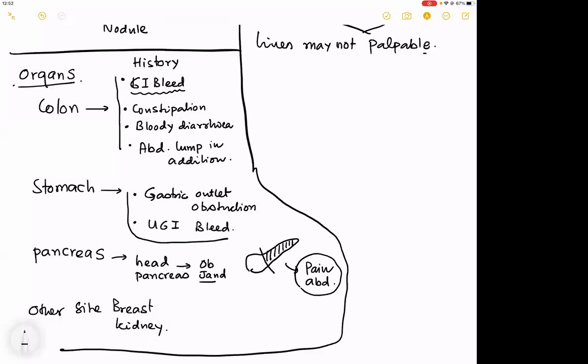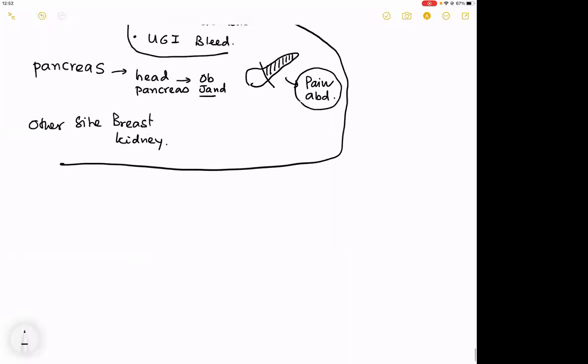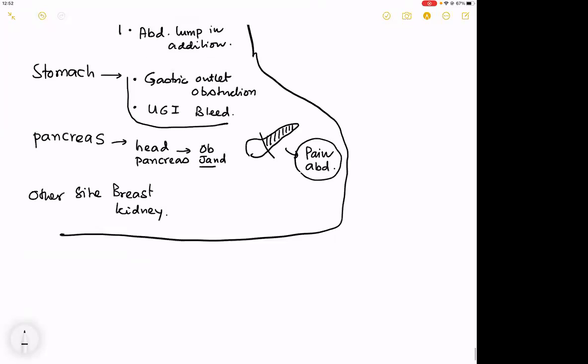Okay, right? Now, if it is arising from the body and the tail, that means if there is a cancer arising from the body and the tail, patient presents only with a pain abdomen and then they have a liver metastasis.